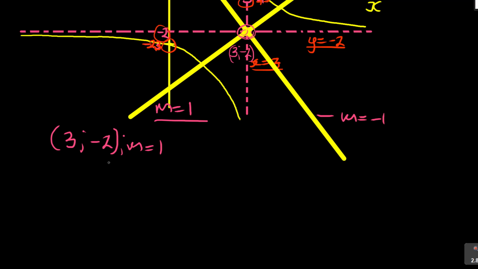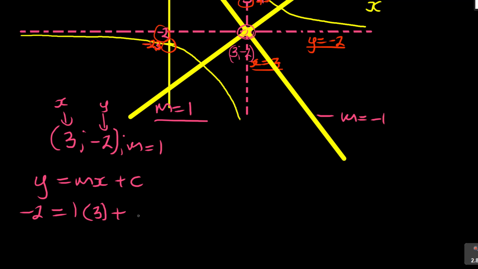So since they said positive gradient, m is 1, so you now use the formula y is equal to mx plus c. So what is my y? This is y and this is x. So I've got negative 2 is equal to m, which is 1, x is 3 plus c. Now take minus 2 is equal to 3 plus c. Take 3 to join 2.